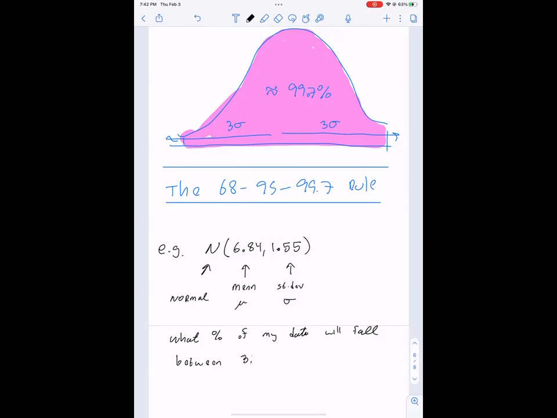Between 3.74 and 8.39. So that's the question. Assuming it is truly a normal of 6.84, 1.55, what percent of my data will fall between 3.74 and 8.39?